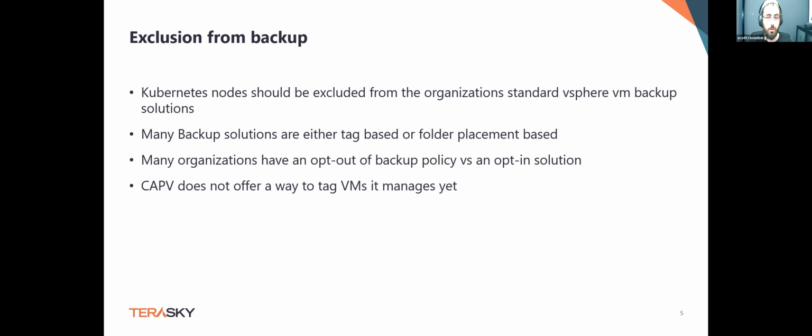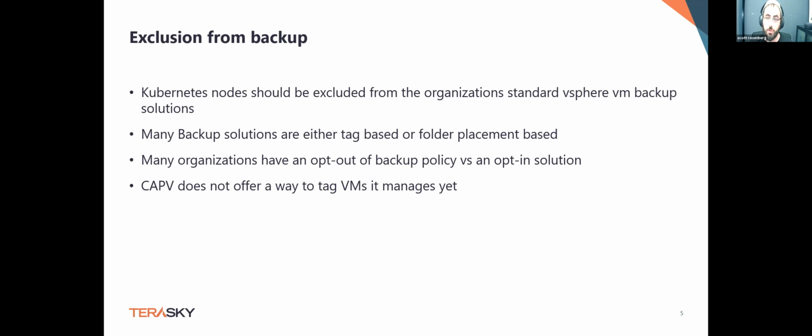Exclusion from backup. We have backup of our systems, and it's an opt-out policy based off of tags. So how do we deal with tagging VMs? And CAPV, Cluster API, does not have a way of tagging VMs automatically. Almost none of the Kubernetes solutions on vSphere today have a tagging of VMs mechanism.